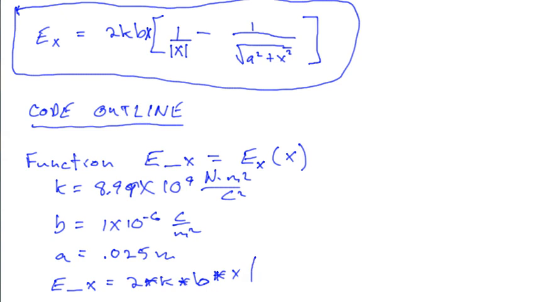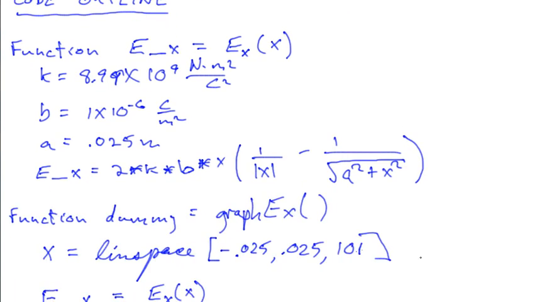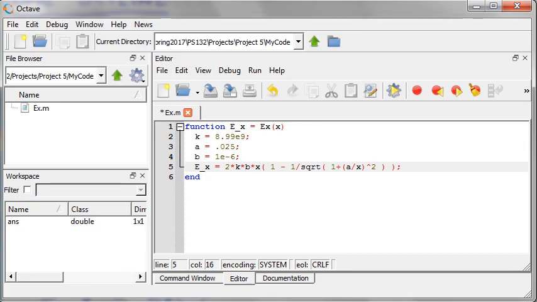So, times 1 over absolute value of x minus 1 over square root of a squared plus x squared. Alright, let's see if that makes more sense. It's a good thing I checked just to make sure I got the minus sign. So, try to fix it up over here.